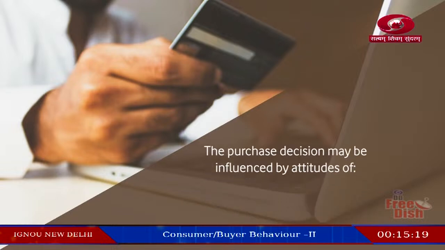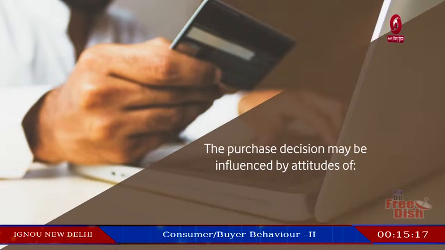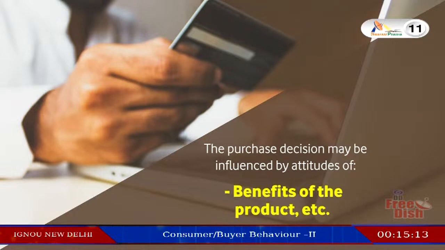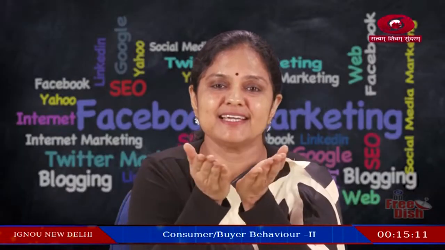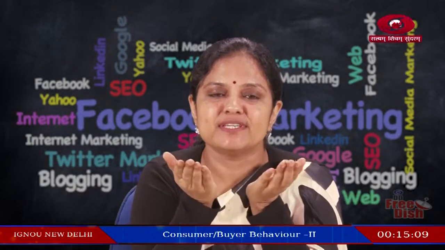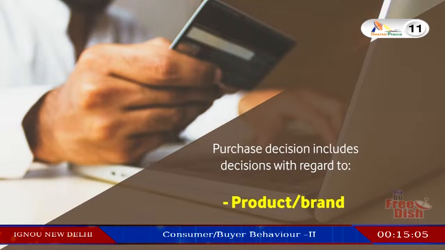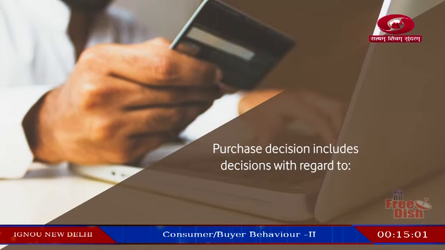The purchase decision may be influenced by attitudes of spouse, friends and relatives, cost of the product, benefits of the products, etc. So even at this stage, your decision is influenced. And purchase decision includes decisions with regard to product, brand, dealer, quantity, quality, timing and payment.